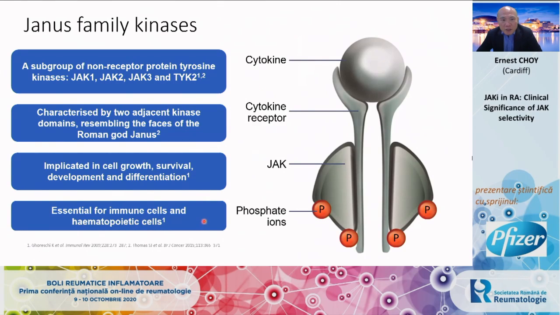So the Janus kinase system, in fact, when it was first named, was called just another kinase. But it was renamed after the Roman god Janus because of the following reasons. The Janus kinases are associated with the cytoplasmic tail of cytokine receptors. The Janus kinase exists in 4 isoforms: JAK1, JAK2, JAK3, and TYK2.